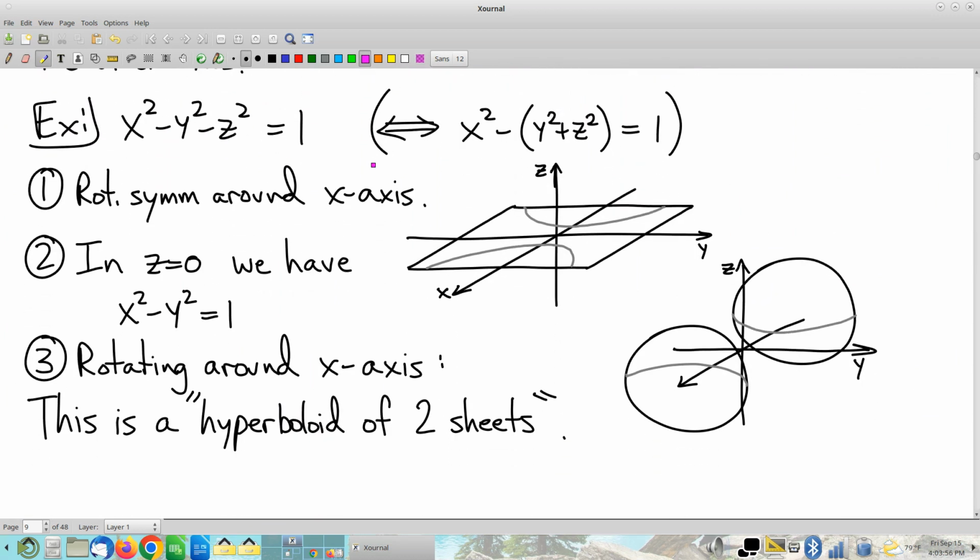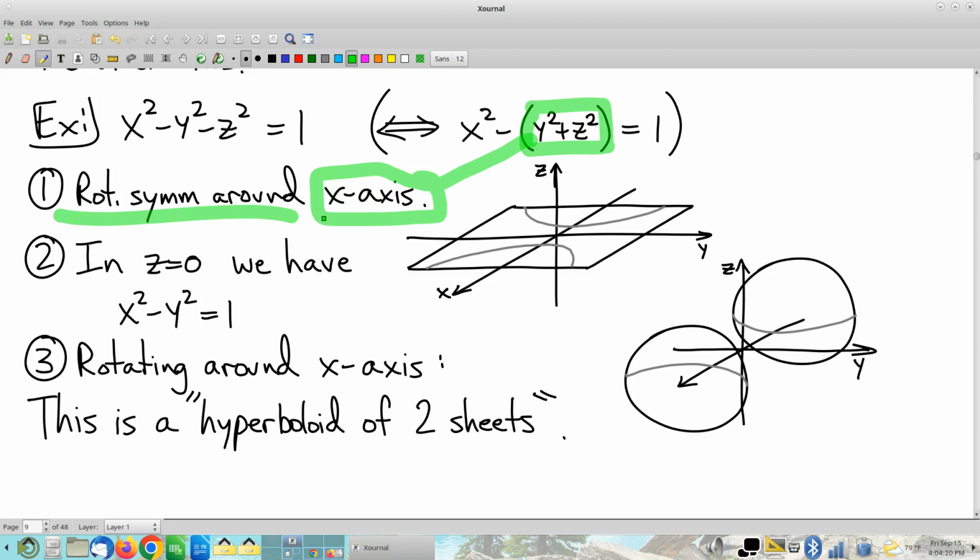I claim that when y and z appear only in the special form, that gives you rotational symmetry around the x-axis. Kind of believable, if only from an alphabet standpoint, right? Analogous roles and stuff like that.